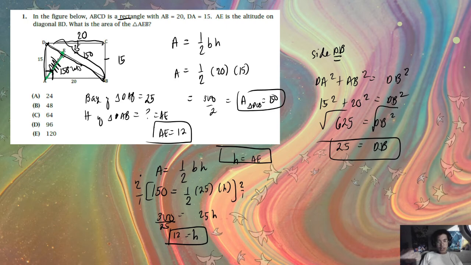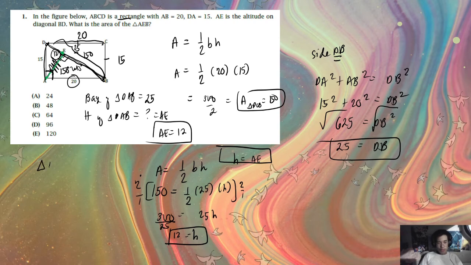And if AE is equal to 12, and we know that this is 20, we can solve for the measurement of EB. EB is the base of triangle AEB.